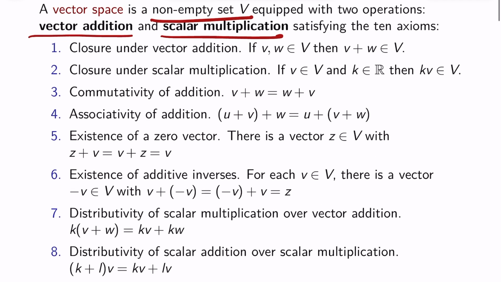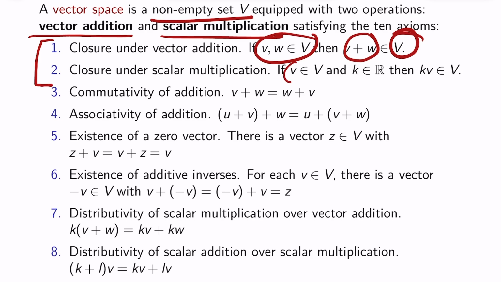The first two are what are called the closure axioms. They say that if we take two vectors, and I remind you again that vectors don't mean the regular vectors, they mean any elements in the set, then the addition of them should still be in the same set.